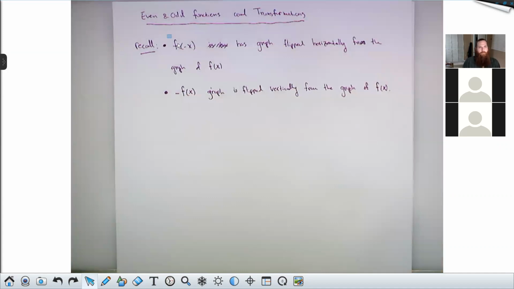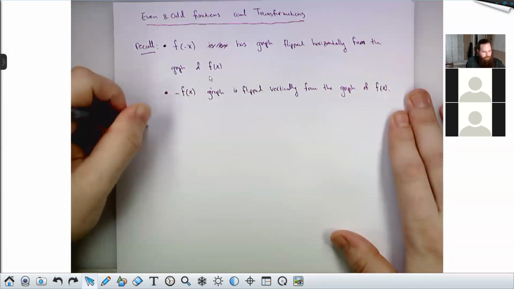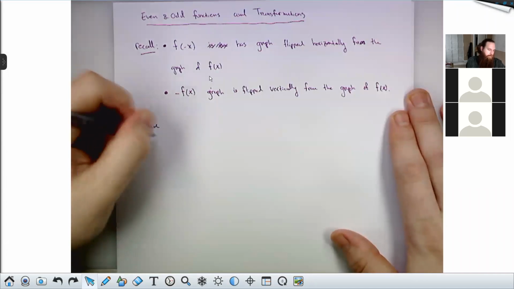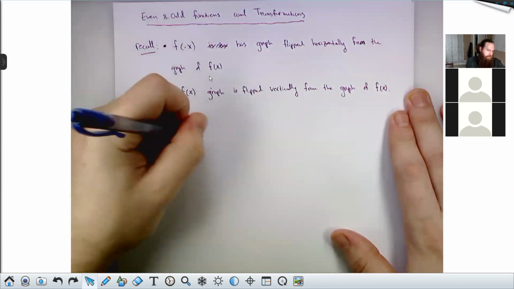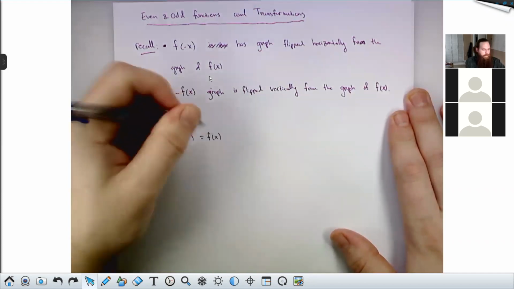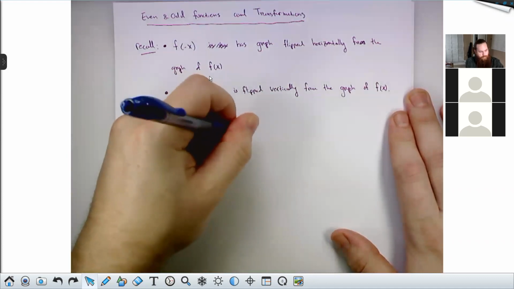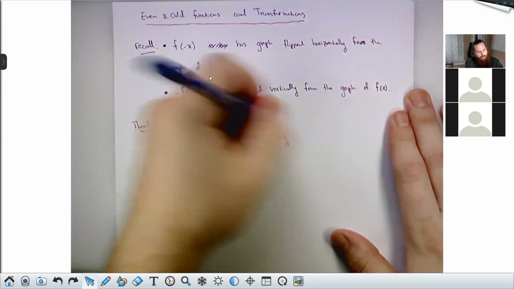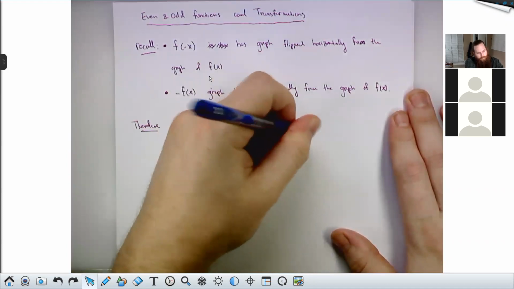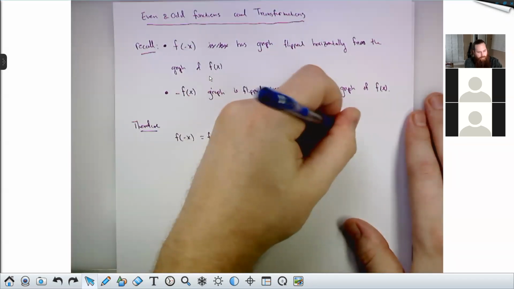So when we say f of negative x is equal to f of x, i.e. if your function is even, this means flipping horizontally doesn't change anything.